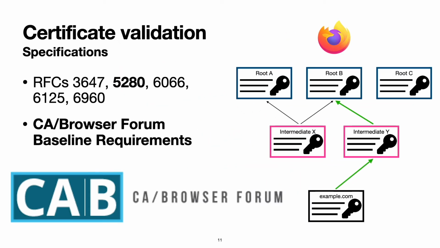The full criteria for certificate chain validity is prescribed by various RFCs, primarily 5280, plus the CA/Browser Forum, a group that maintains its own set of additional baseline requirements for web-based certificates. Many of the rules for validating certificates may seem obvious.